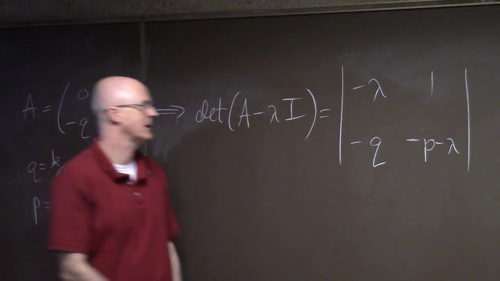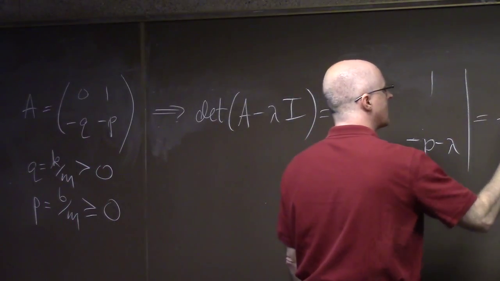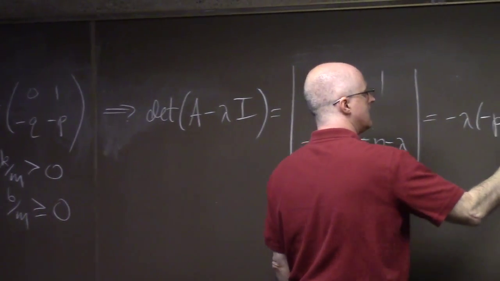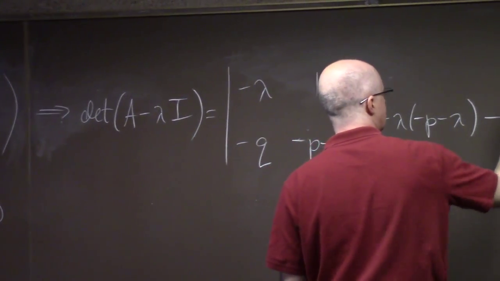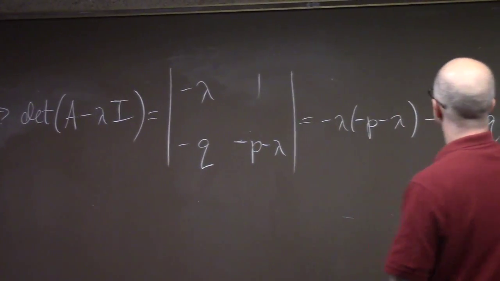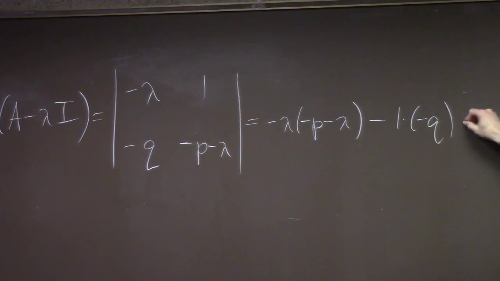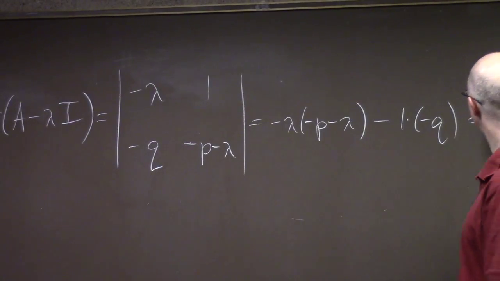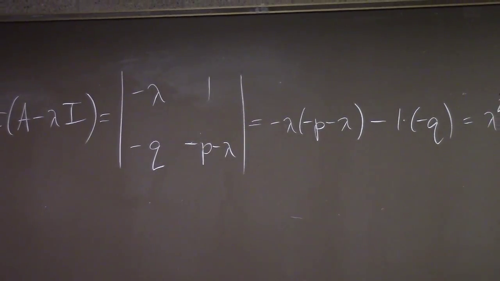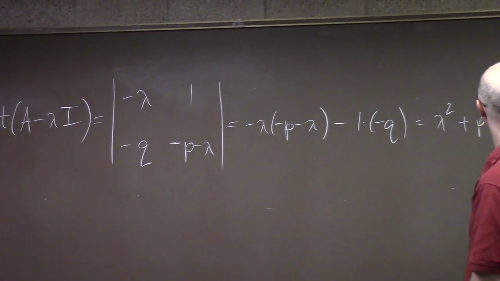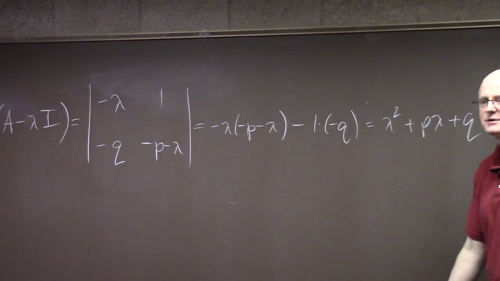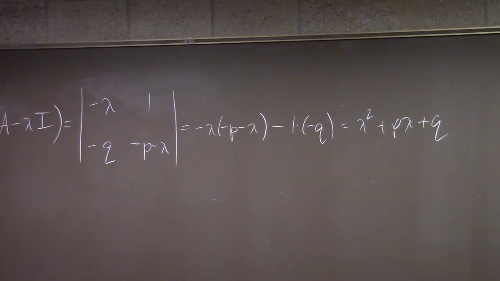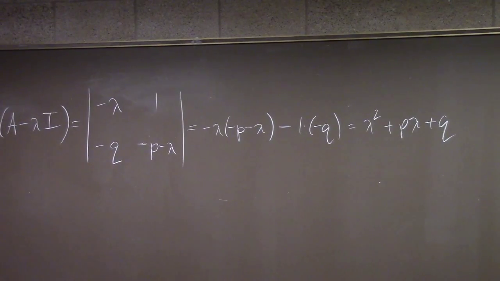It means take the determinant. Lots of negative signs there. They all end up canceling in this case. You get a positive lambda squared plus p lambda plus q. There's your characteristic polynomial. Its roots are the eigenvalues.